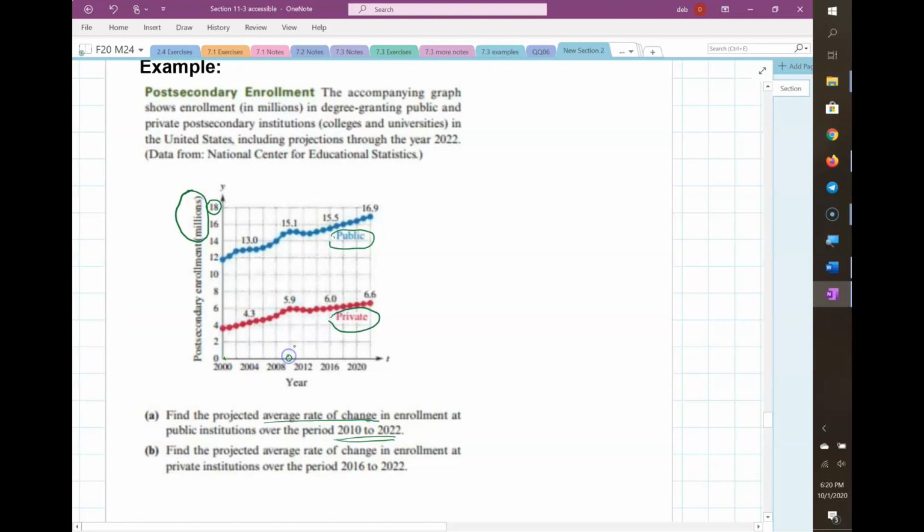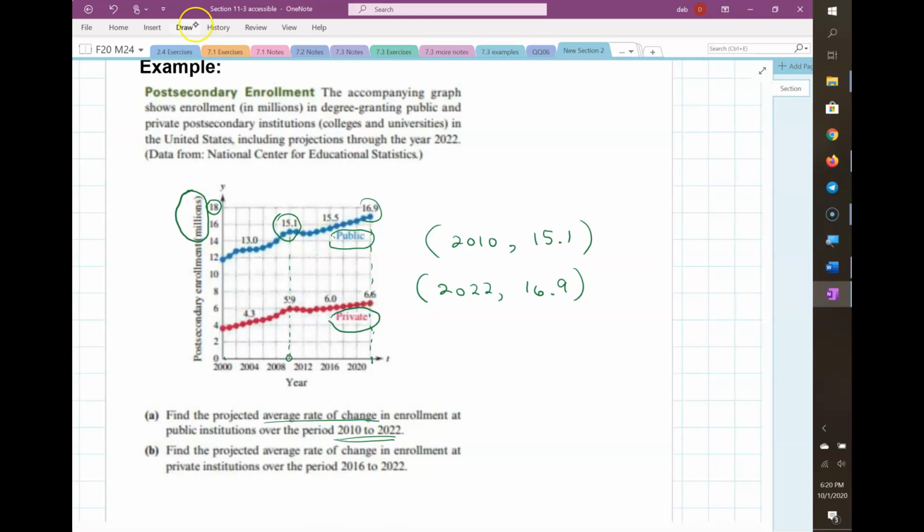So let's see, this graph goes in 2-year increments, 2000, 2002, 2004, 2006, 2008. So here's 2010. Then I'm going to come up and see that on my graph, in 2010, my number of enrollments was 15.1 million. And then in 2022, I see that we had 16.9 as our projection.